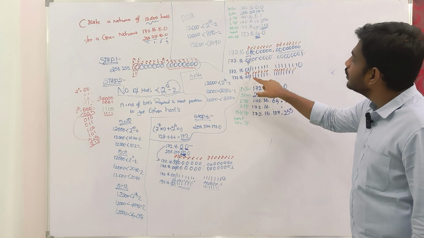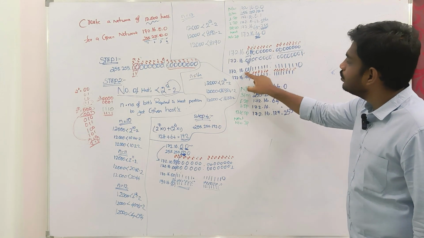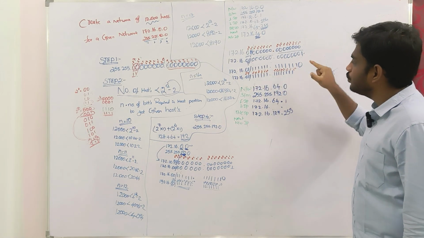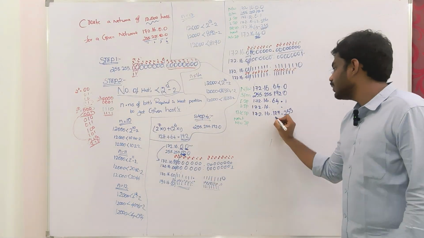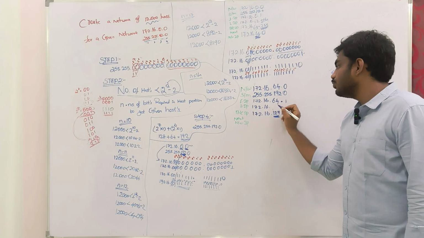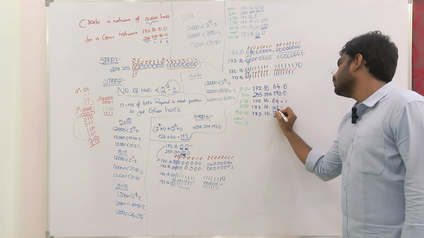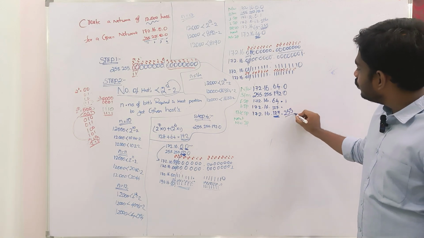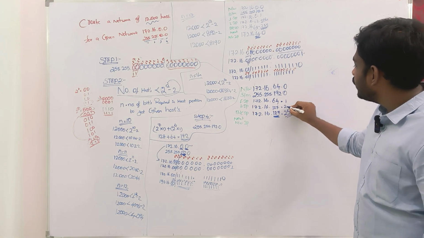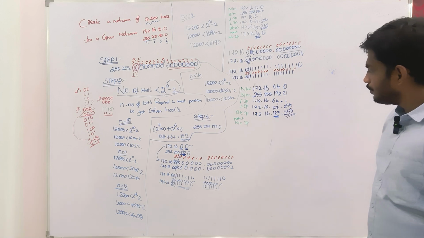All the host bits should be 1. Whatever value comes here, the same value should be present here. Once you find the broadcast IP, you will get the last IP, which is 254.